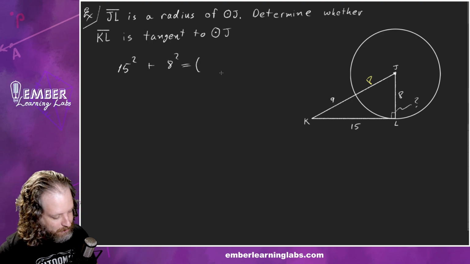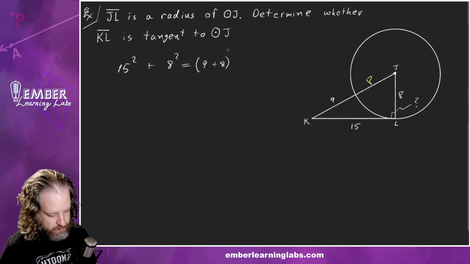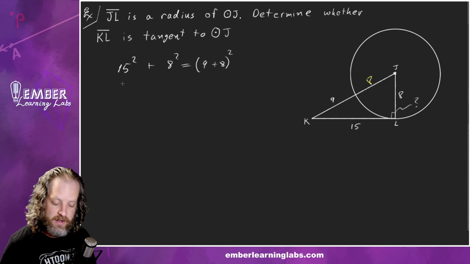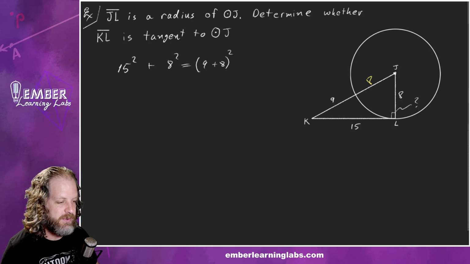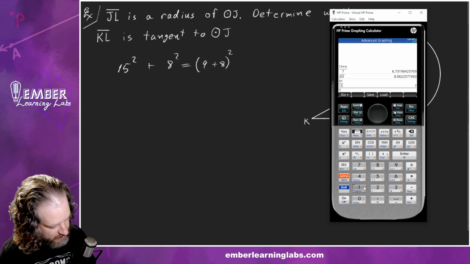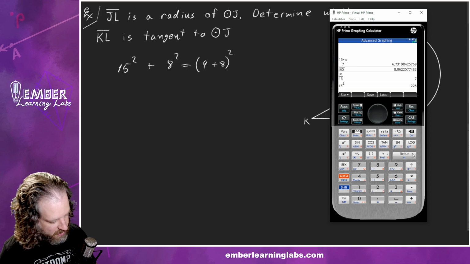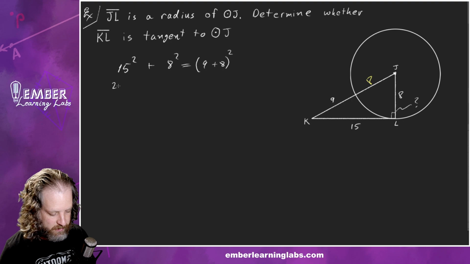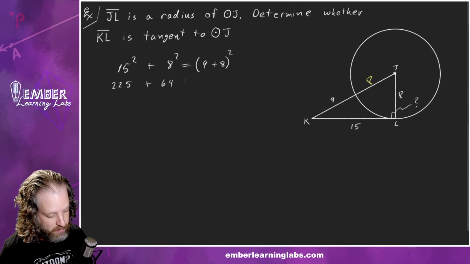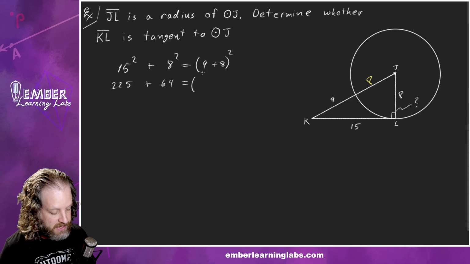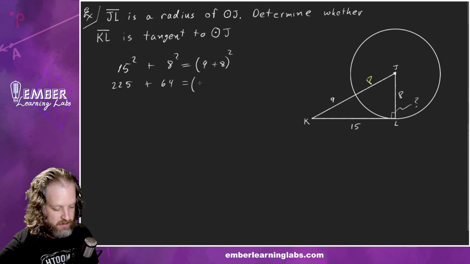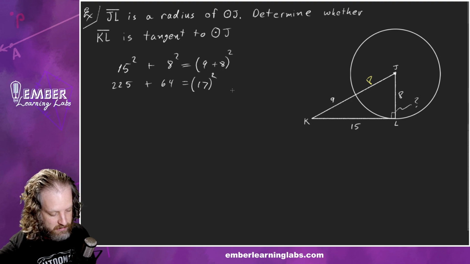C squared, which is 9 plus 8, 17 squared. So let's see. 15 squared is 225, I think. Let's find out, shall we? Yes, 15 squared is 225. 225 plus 8 squared, which is 64, equals 17 squared.